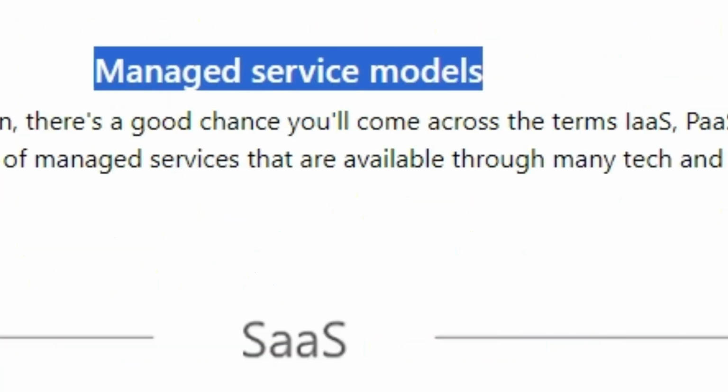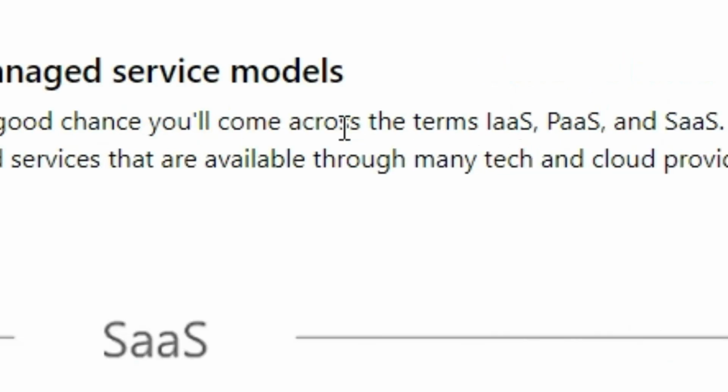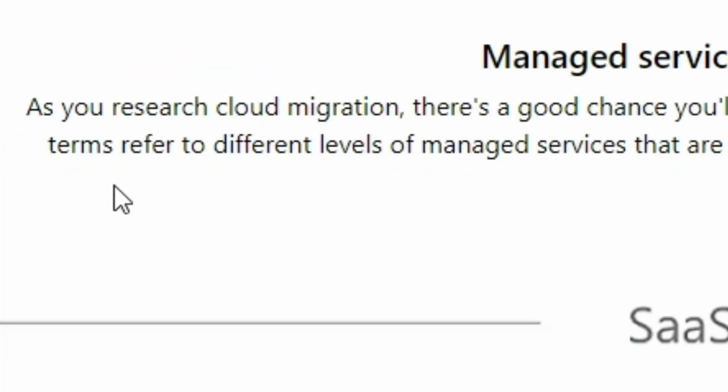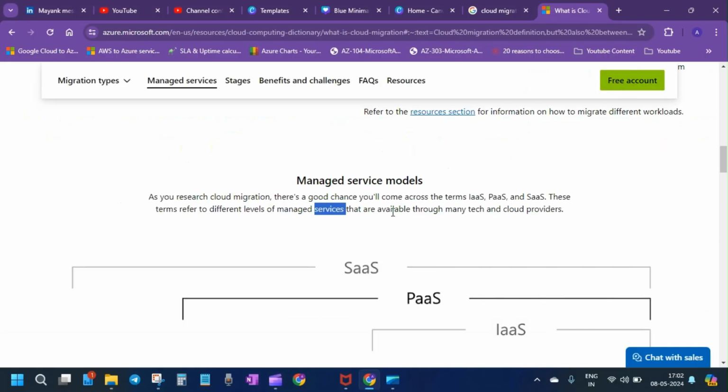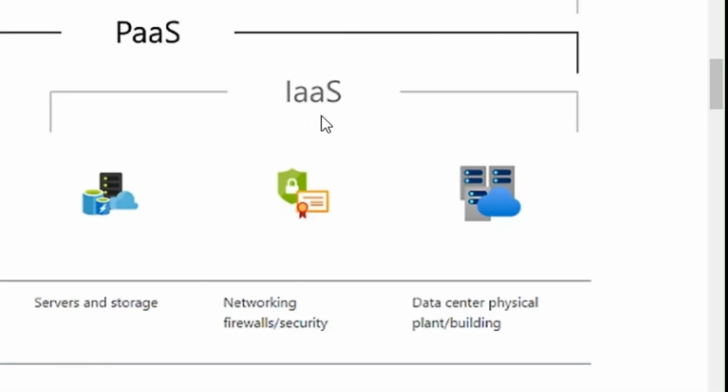Managed service models. As you research cloud migration, there are good chances that you will come across IaaS, PaaS, and SaaS. These terms refer to different levels of managed services that are available through many tech and cloud providers. So let's start from IaaS.